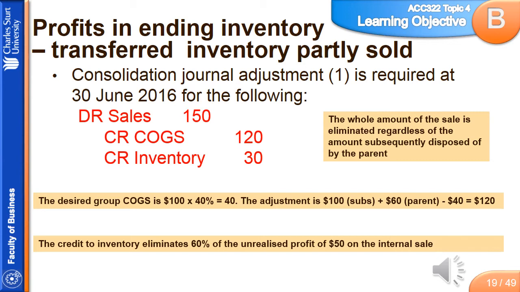However, from a group viewpoint, the COGS should only be $40, which is $100 the cost from the external party, from the subsidiary originally, times 40%, which is the amount sold externally. So to get that back down from 160 to 40, we need to credit COGS $120. We also need to account for a tax effect as well, and we'll look at that on the next slide.